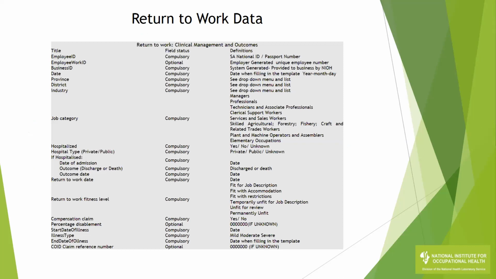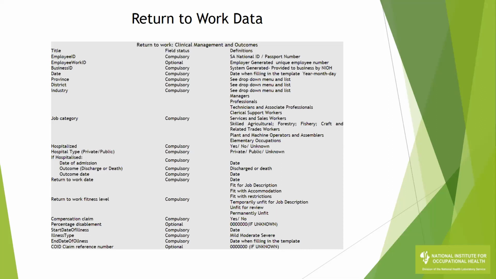So this is the type of data that we collect on the return to work template. The first part, as you can see, is very similar to the past templates that I've discussed. The job category section is always the same and still compulsory. On the return to work data, we want to find out if the person was hospitalized or not.